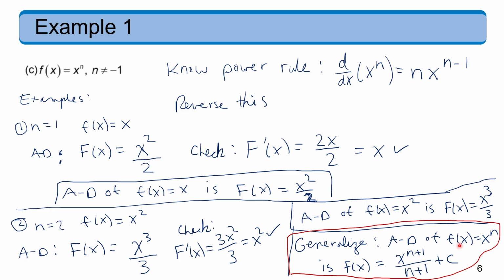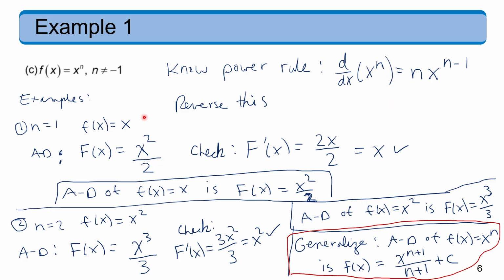Right? To find an antiderivative of x to the n, you raise the power by 1 and divide by the new power. That does sound exactly like the reverse of what we did here. To take the derivative of x to the n, you multiply by the power, and then you decrease the power by 1.